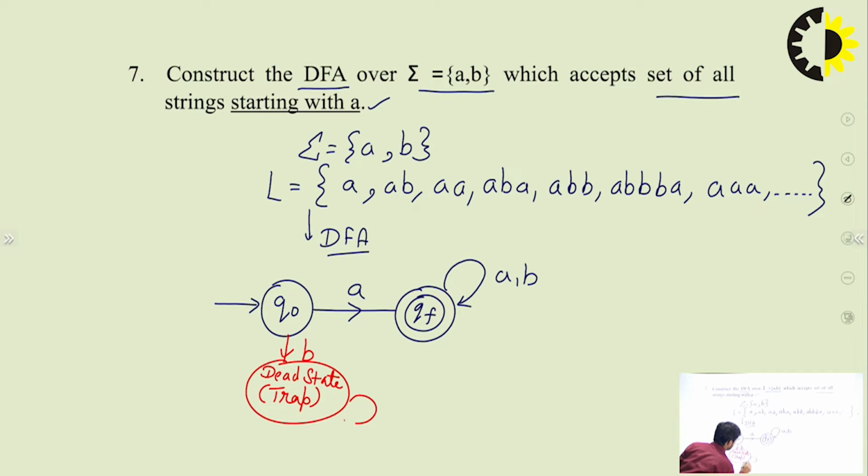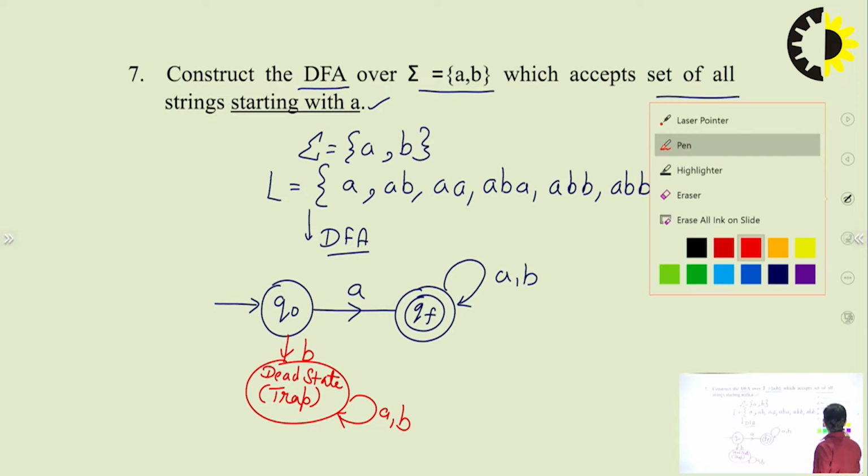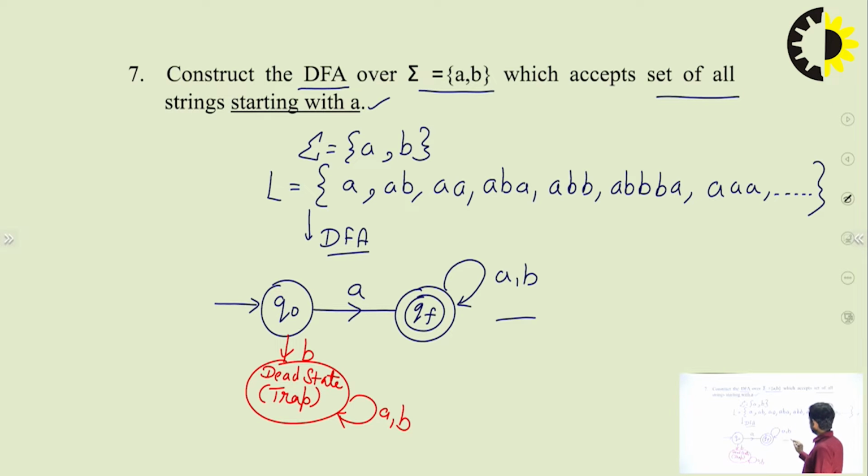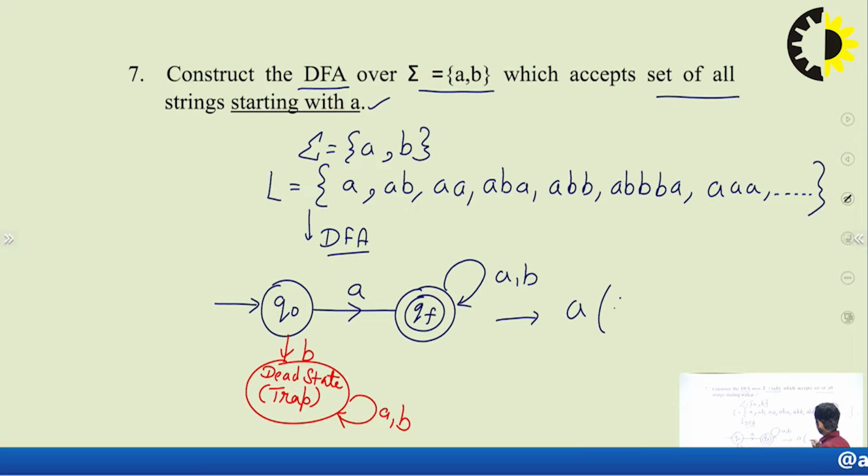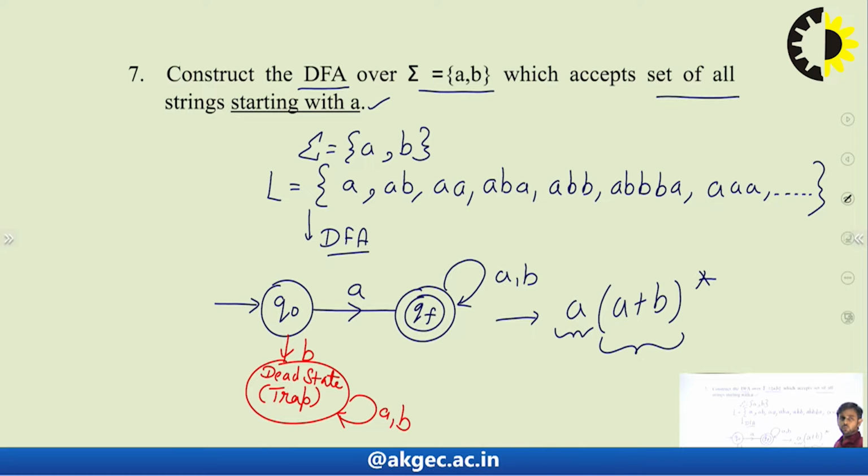So this is the required DFA. The regular expression corresponding to this DFA will be a(a+b)*. This a, and the loop on a and b gives (a+b)*, any number of a and b, but the condition of starting with a is satisfied.